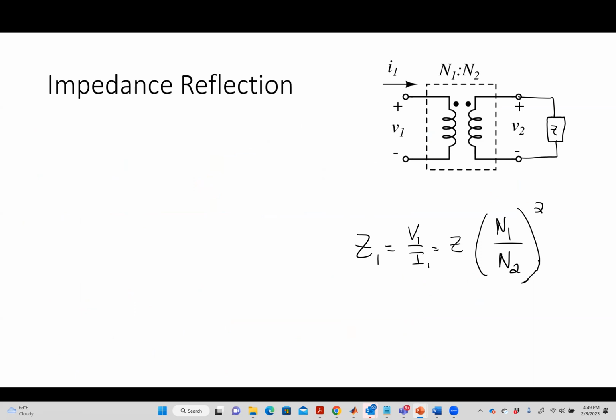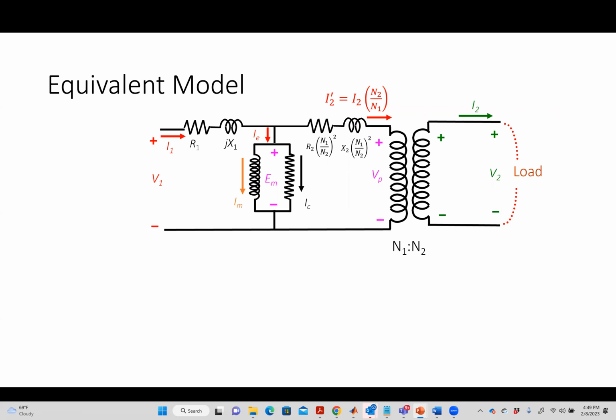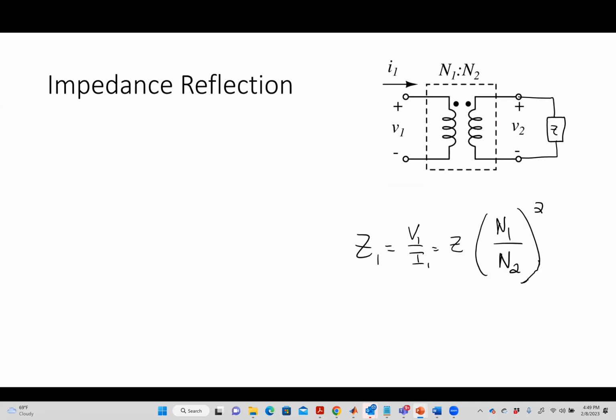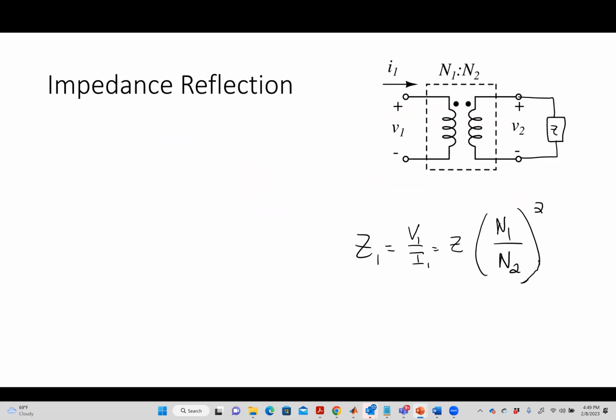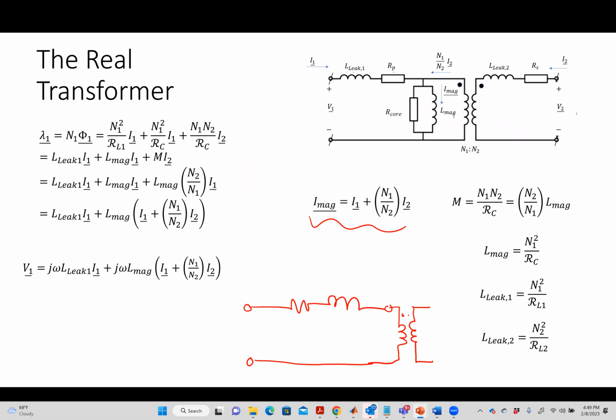It also helps us to simplify this circuit a little bit. Without going through the details, because again, I don't want to lose you guys in derivations, if I were to take this idea and look at my transformer model, so let me go back to just my transformer model. I have an impedance over here, a leakage and a winding resistance on this side.